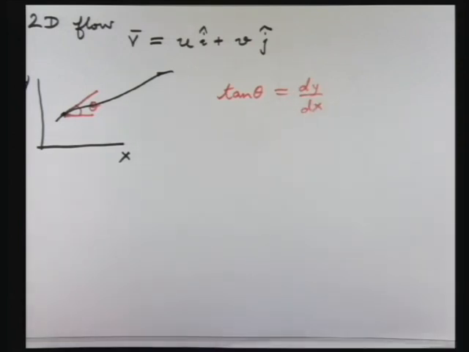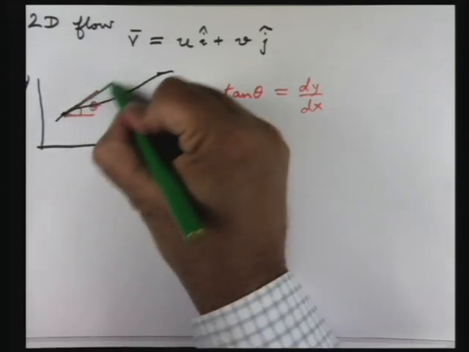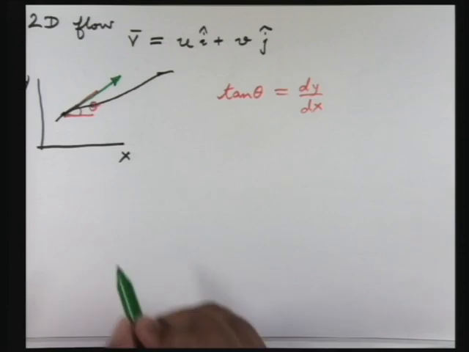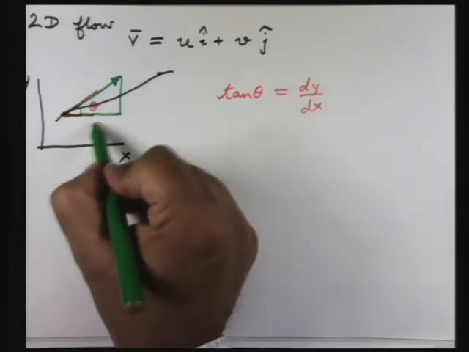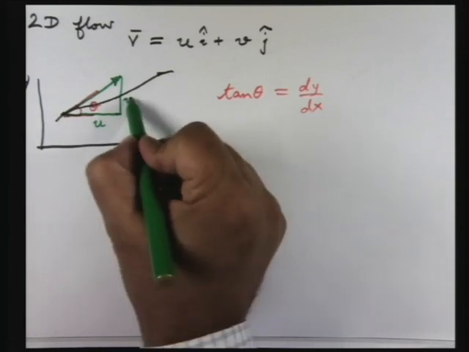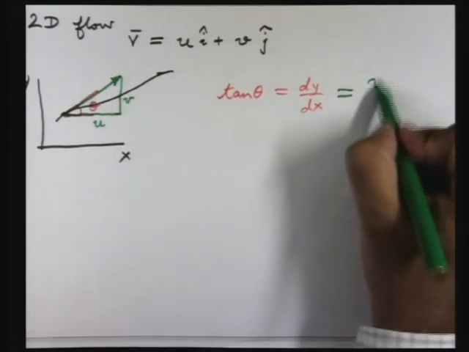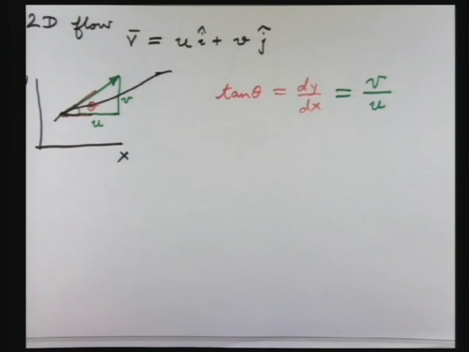That is your basic calculus. Now suppose this curve could be any curve. Suppose this curve is a streamline. Then you know that the velocity vector is going to be along the tangent direction. So therefore, if I draw this triangle, this is the u component and this is the v component. So this will be v by u.